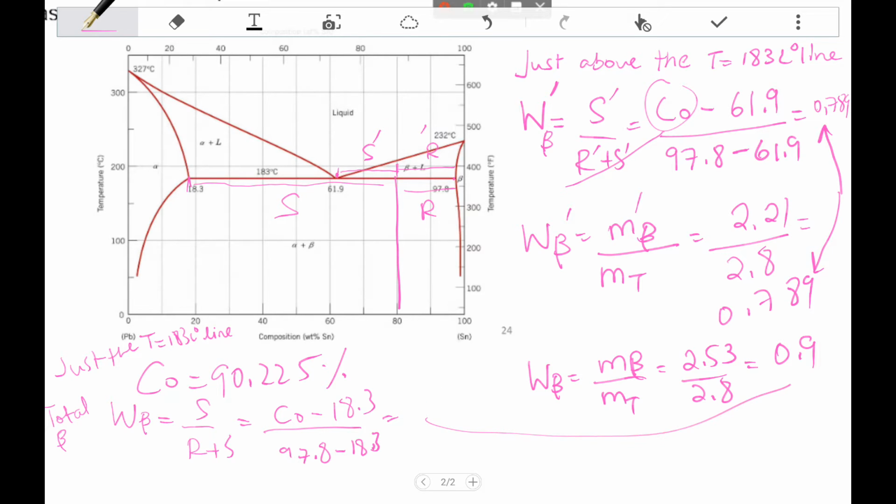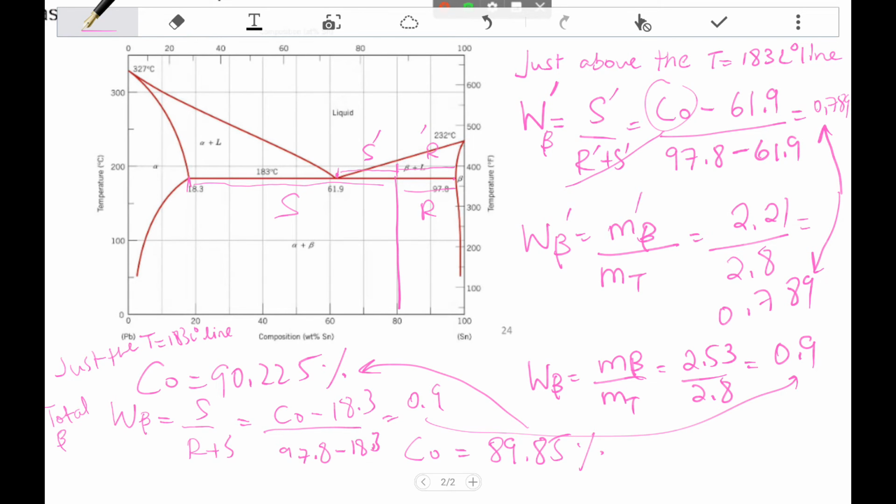That's going to be equal to 0.9. So there you go, that makes more sense here. Let's solve, so we get C0 to be 89.85%. That's pretty darn close to 90%.